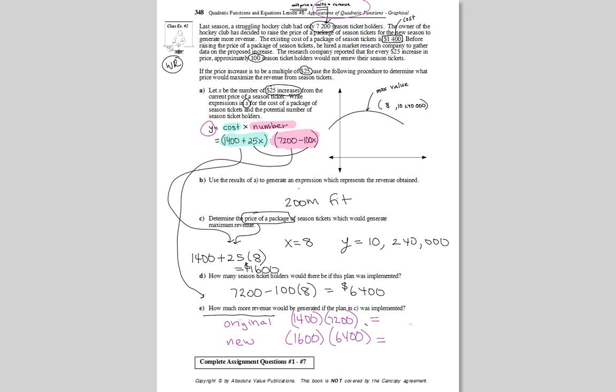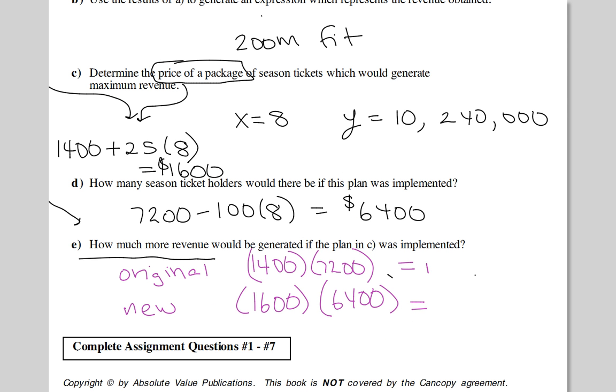And the two revenues are 10,080,000 and 10,240,000. Okay, subtract the smaller number from the bigger number, and the increase is 160,000.